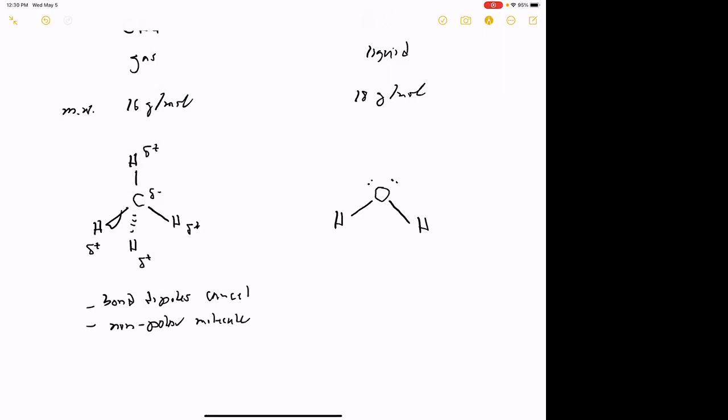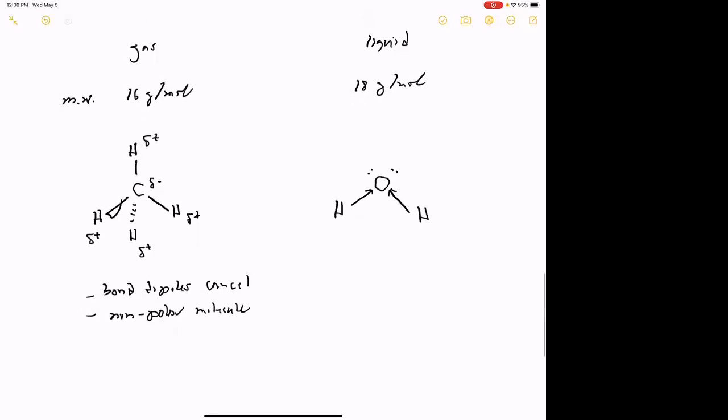Now let's look at water. We've already kind of talked about water. We know what's going on there. The oxygen is going to be taking the electron pairs in closer to itself. So as a result, I'm going to get a delta plus on each hydrogen and a delta minus on the oxygen. So I've got a net dipole moment. We drew this in terms of a dipole, right? Where I can have a negative end of the molecule and a positive end of the molecule.